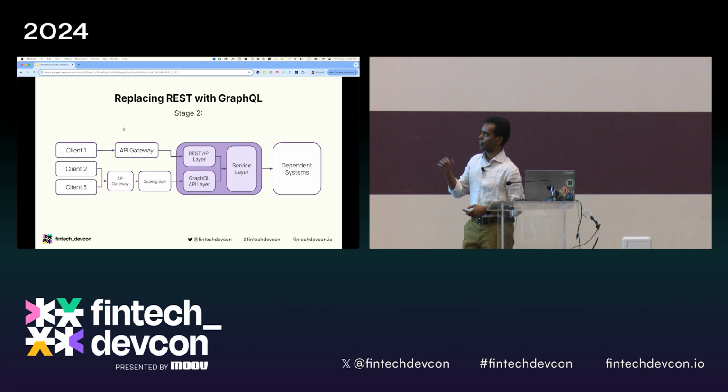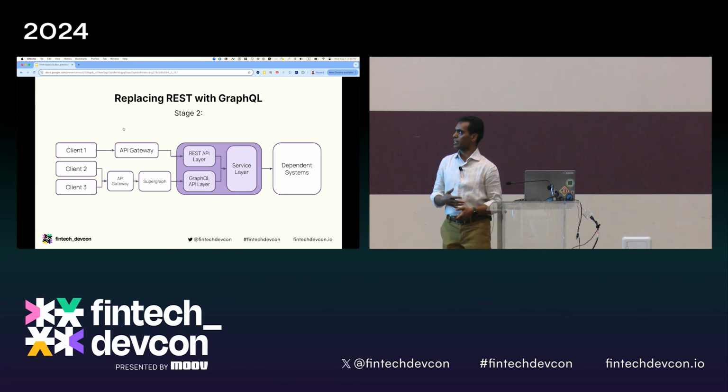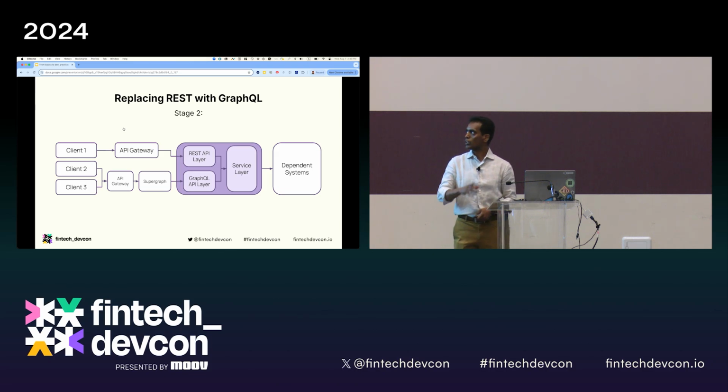We talked about the supergraph. You can make it part of a supergraph and expose that to select customers, the clients, through the API gateway. The dependent services and systems will remain the same. Since you have already abstracted the business logic into the service layer, you can easily expose the same functionality as GraphQL APIs for your existing capabilities.